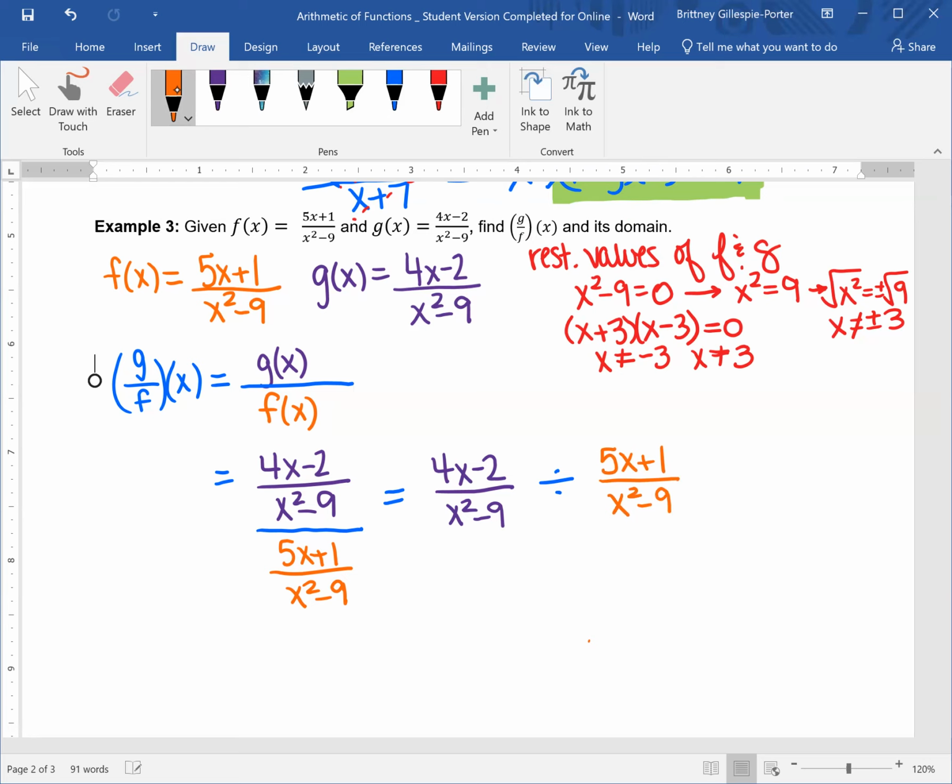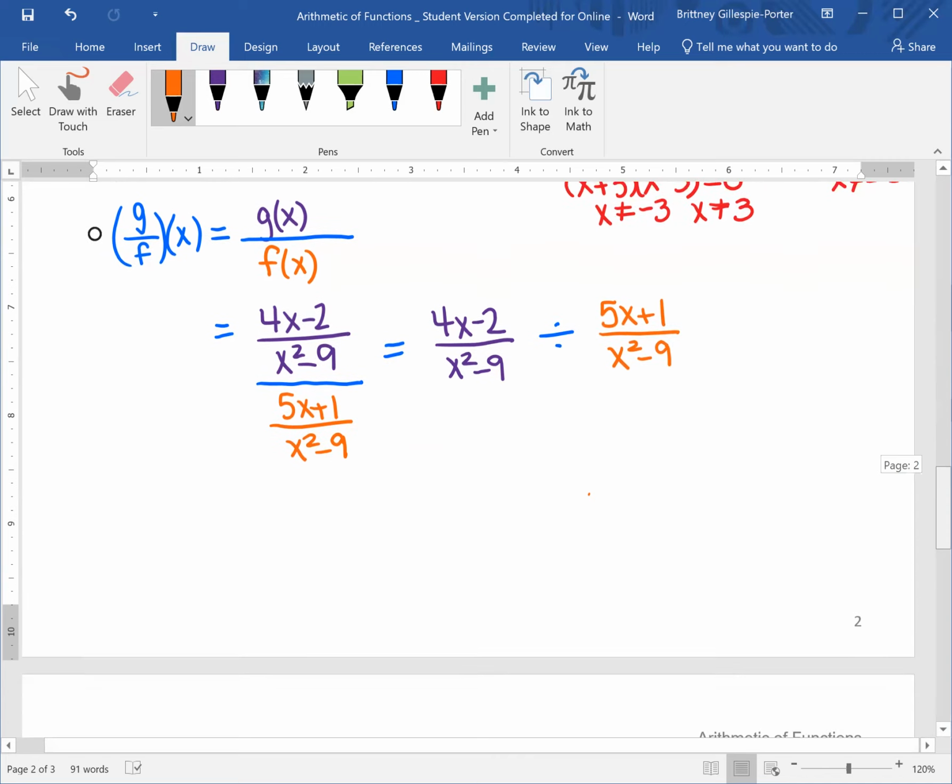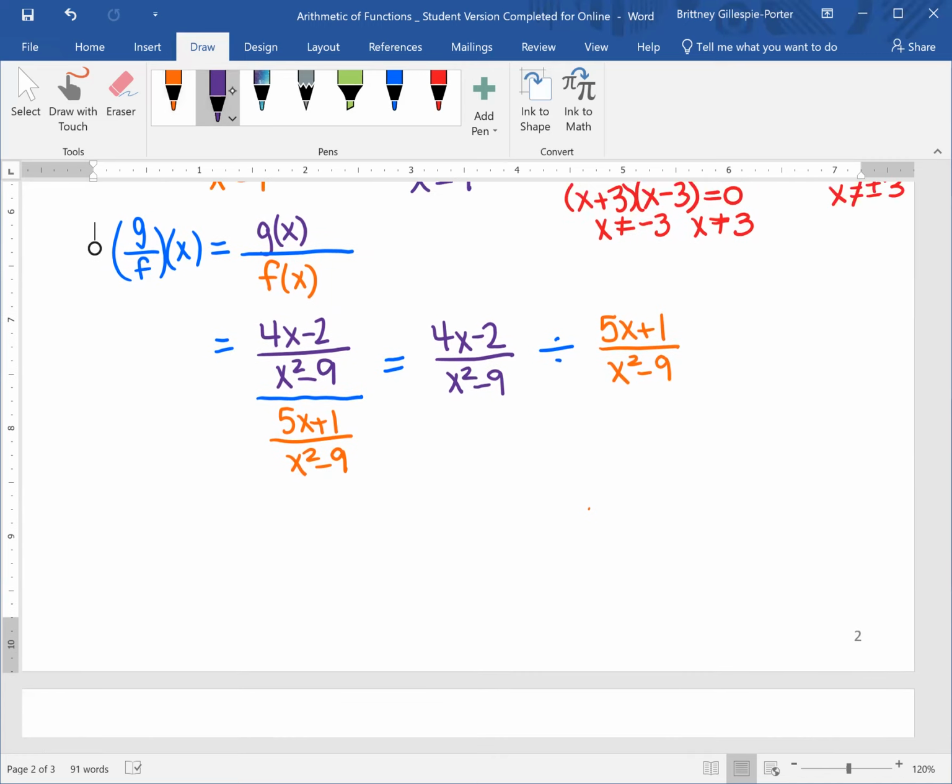And remember, whenever you divide by a fraction, we're going to multiply by the reciprocal. So this means that we have 4x minus 2 all over x squared minus 9 times x squared minus 9 all over 5x plus 1.